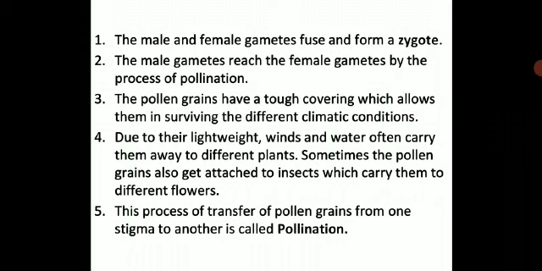Sometimes the pollen grains also get attached to insects, which carry them to different flowers. You must have seen insects on flowers. The pollens are very tiny, so they stick to the insects' feet or body parts, and are carried from one flower to another, because insects travel from one place to another.